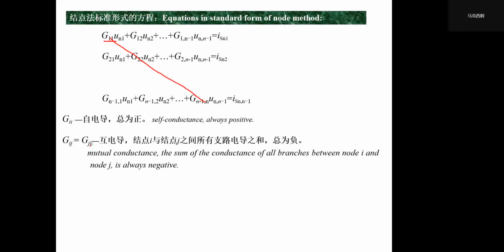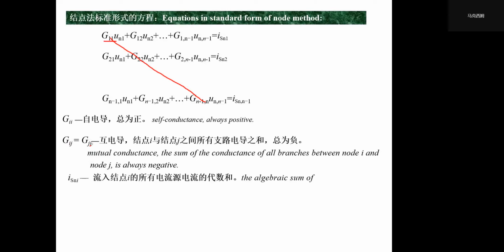It's always negative, and it is the combination of all the conductances that link the two connected nodes. This is how we do it, like this.